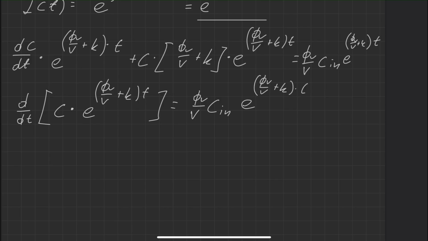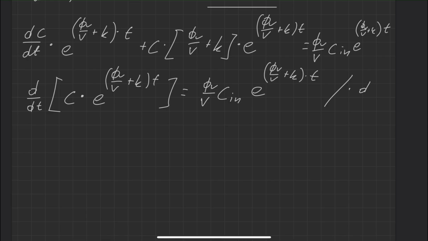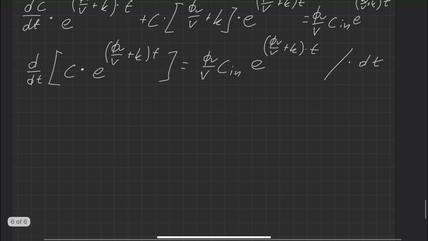times t. Okay. Now once again we can separate the variables very easily, just multiply by dt, and we are left with this expression.